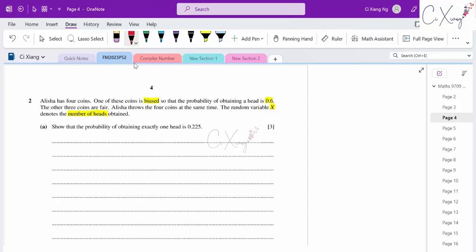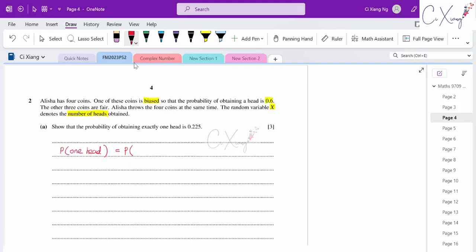Okay, so now let us start the calculation here. For this question, they are interested in the probability of having 1 head when she throws all the 4 coins. Out of the 4 coins, we have 1 biased coin. So we should consider the outcomes: when do we have 1 head when we throw the 4 coins?